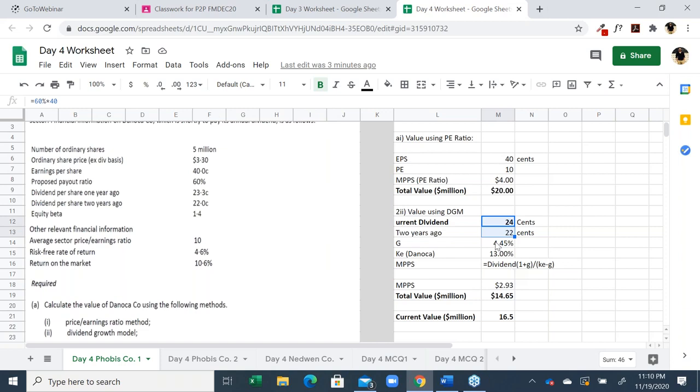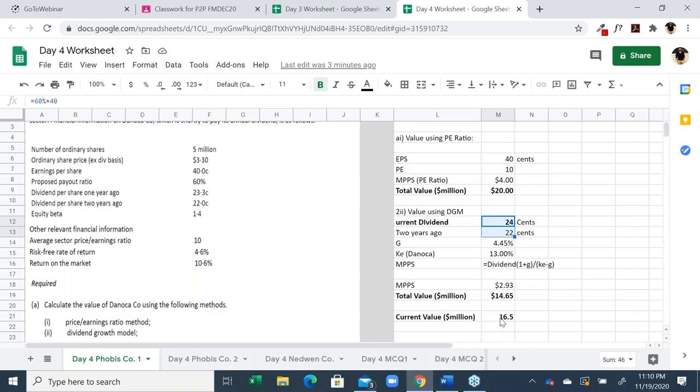So we think that the shareholders will be satisfied, or they will expect 4.45% growth in the future, but in practice the shareholders are expecting a higher growth in dividends.